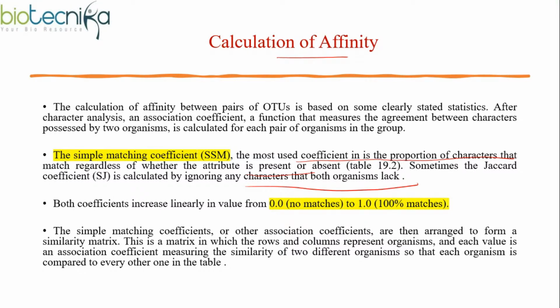So what is the application or significance of SSM and this Jaccard coefficient? SSM is used in the proportion of characters that match. That means SSM should be used for how much of the characters are matching. And how is this Jaccard used? Jaccard is how many, in which perspective the characters are being ignored.